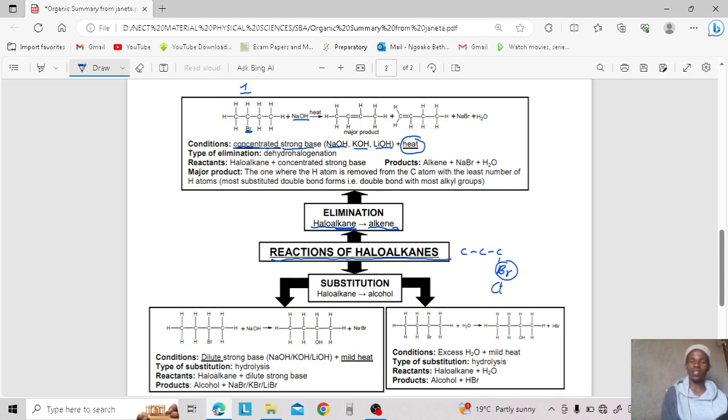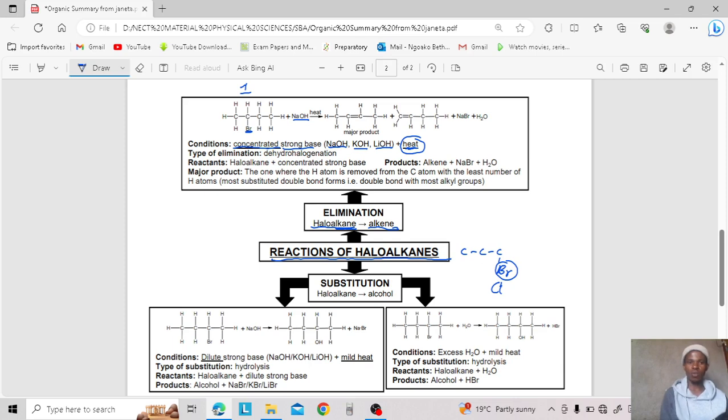If it is concentrated, there are more particles, which can create a separation of the atoms or the bonds more easily. So that's why we also need some heat. Then that's when we can react with this base.